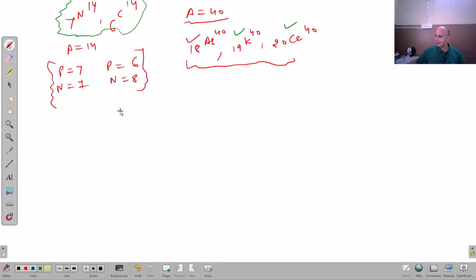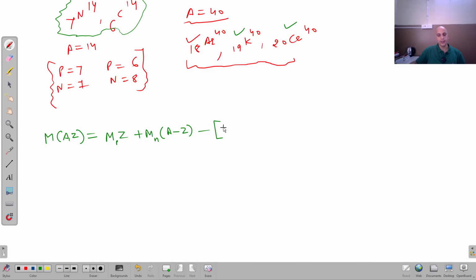We know very well that the semi-empirical mass formula tells us about the mass of the atomic nucleus, M(A,Z), right? And it is written as mass of proton into Z plus mass of neutron into (A minus Z), minus the binding energy terms, where I am ignoring c square here for convenience.